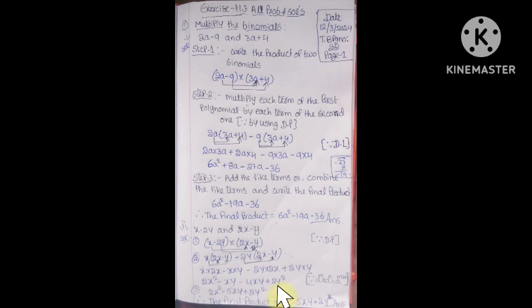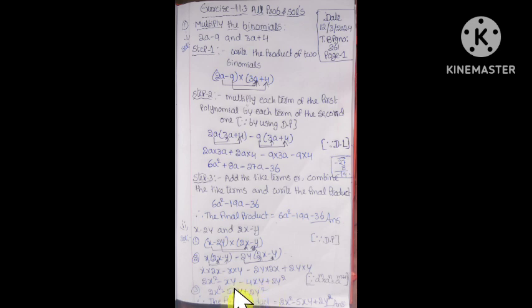Next, step 3: add the like terms, or combine the like terms, and write the final product. First 2x square. What are the like terms here? It is minus xy minus 4xy. These two are the like terms.